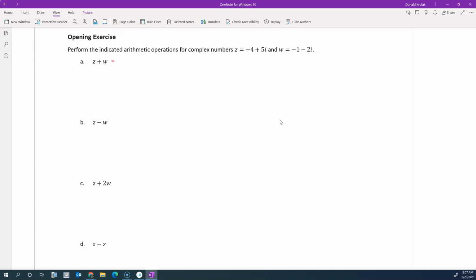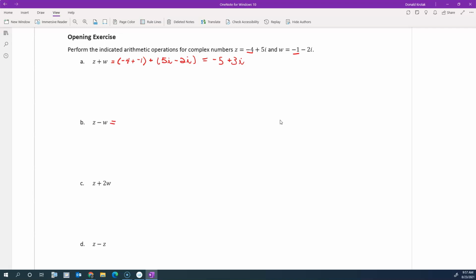If I was just adding this up, I'm going to take these two terms: -4 plus -1, and then add the two complex terms, 5i and -2i. So I end up with -5 plus 3i. No big deal.